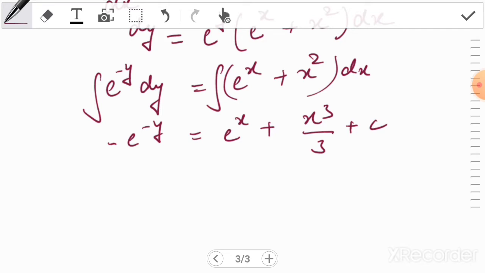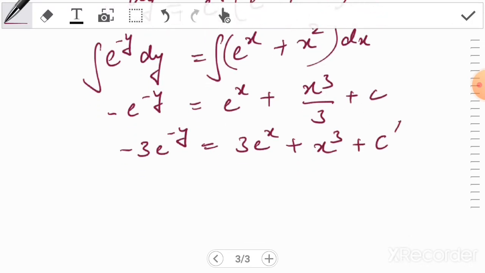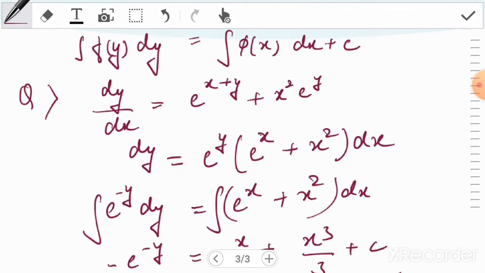Okay, so now this can be written as minus 3 e raised to the power minus y is equal to 3e^x plus x cube plus 3c, so some other constant. So this is the required solution of the differential equation.